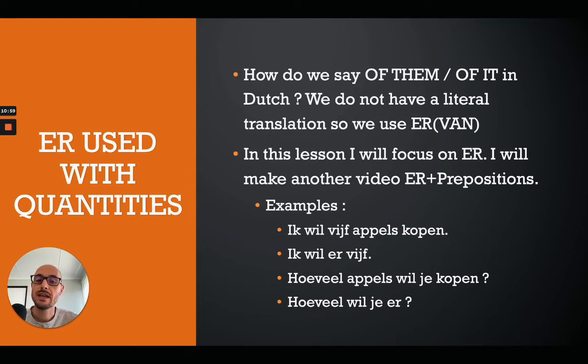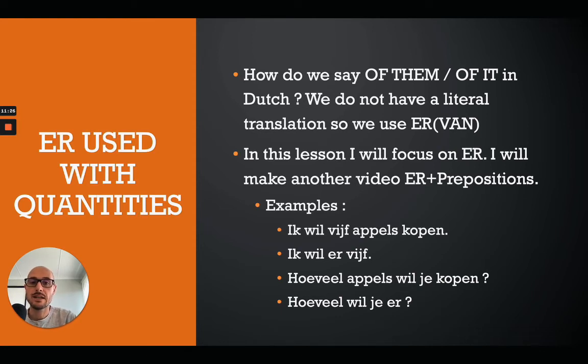So we take away 'apples', right? And we replace it by 'er'. Why can we replace it by 'er'? Because you have a quantity. In the first sentence you have 5, that is a number, so that is a quantity. In the third sentence you have 'hoeveel', how many, how much, that is also indicating a quantity, so you can replace 'apples' with 'er'. And you can translate 'er' as 'of them' or 'of it'.